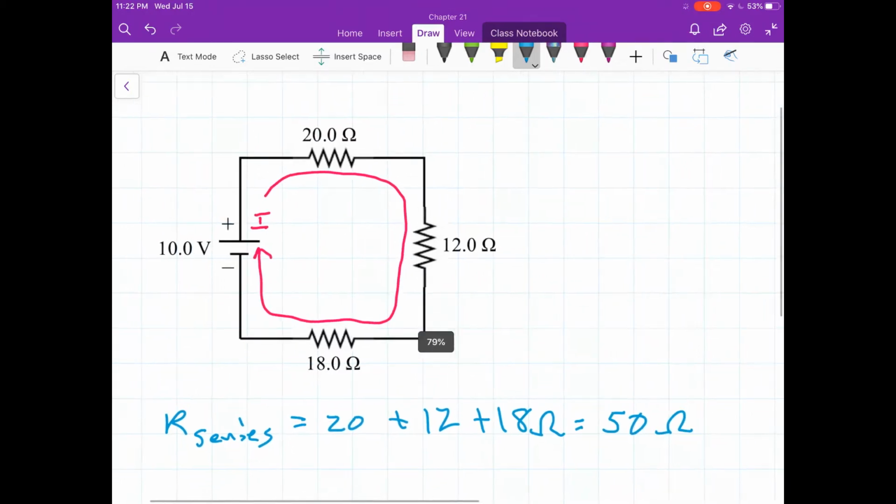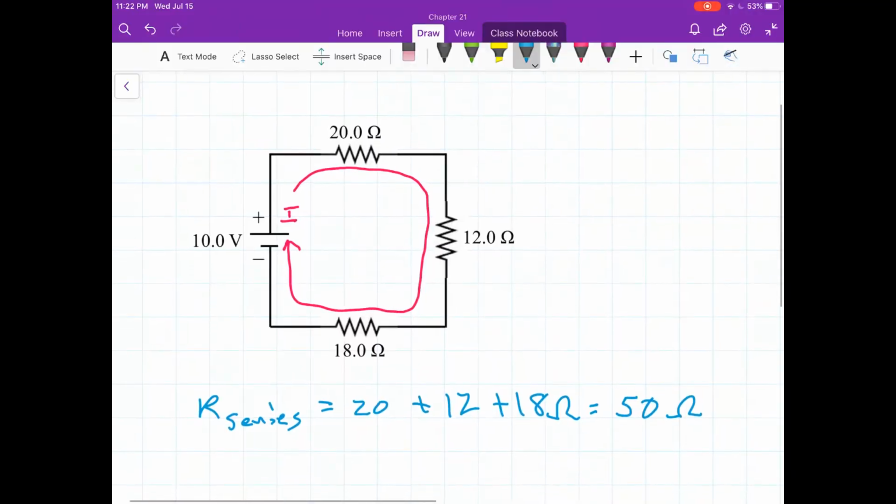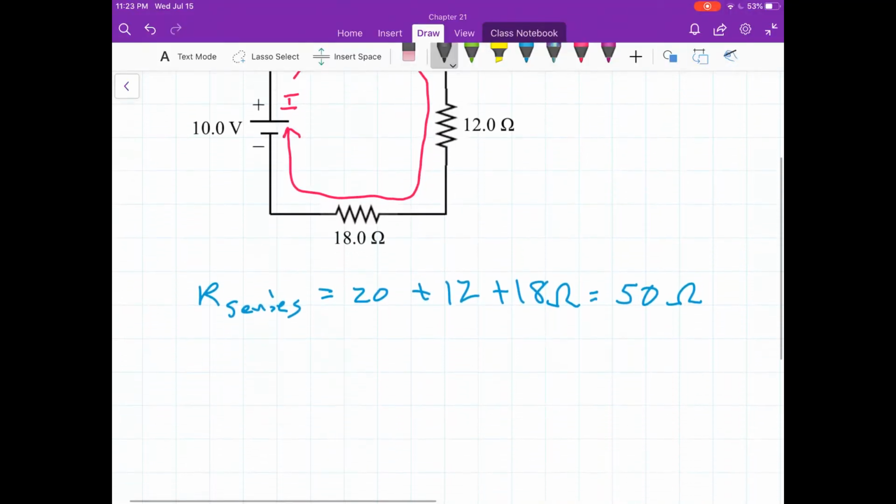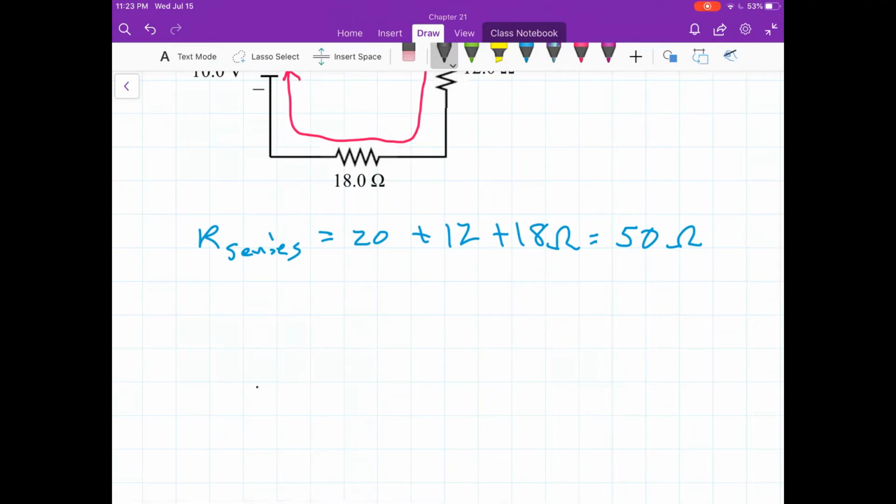That's what those 3 resistors are equivalent to. Therefore, if I want to illustrate by redrawing the circuit of the 10-volt supply, I can draw one resistor, which would be 50 ohms.